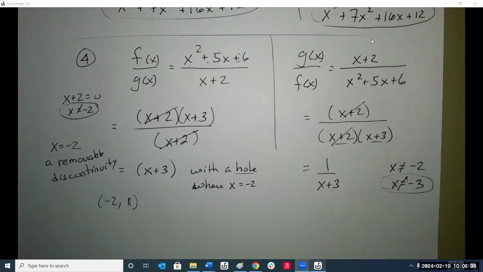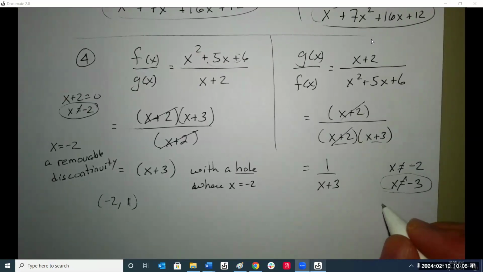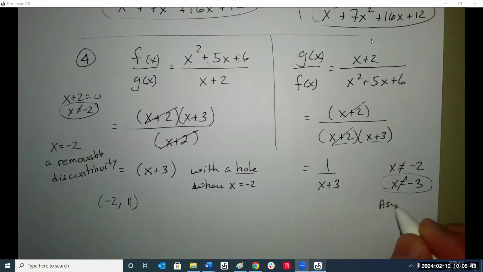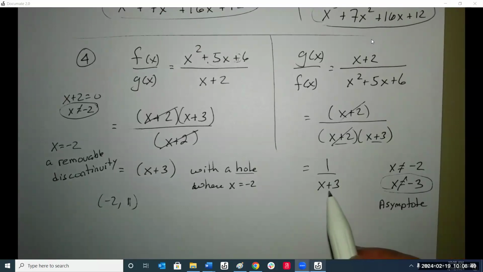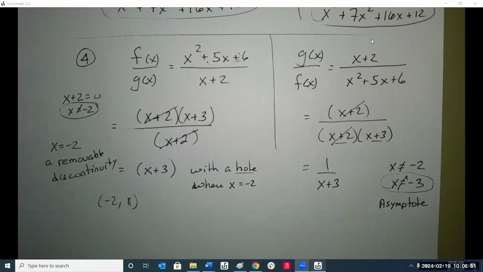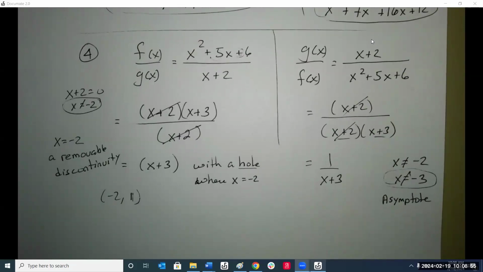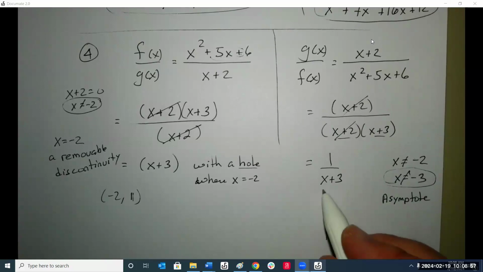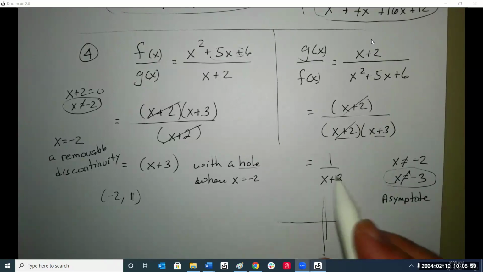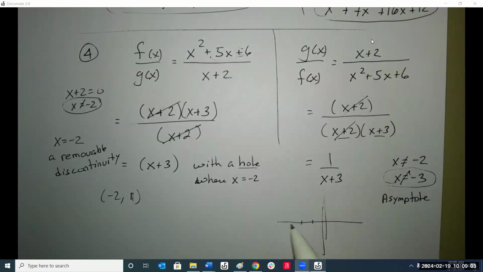Now I have something called an asymptote. I cannot use -3 anywhere. It's going to be a vertical line that I can't use. This graph, as we looked at earlier about moving things around, shifts to the left.